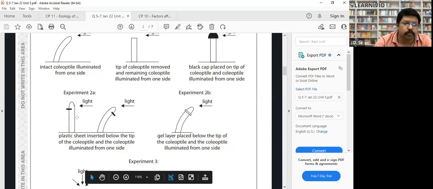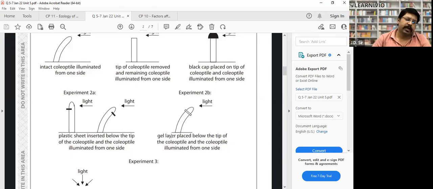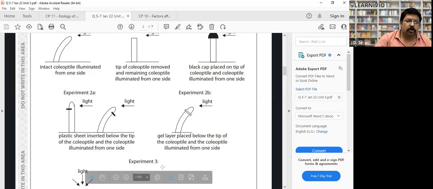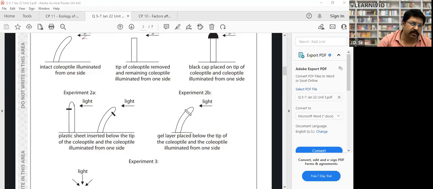What does auxin actually do? Let me tell you. When light is coming from the front side, right? The light is coming from this direction. Auxin will accumulate here, opposite to the direct light direction, and it will enlarge the cell. It will increase the size of the cell. So if the size of the cell increases, the coleoptile will move in this direction, right?